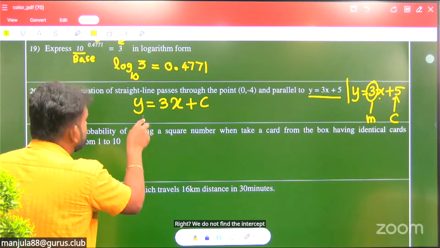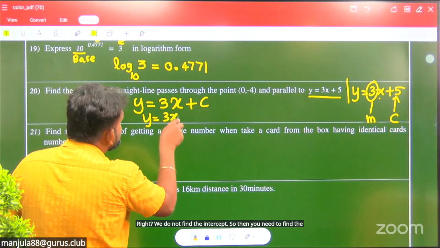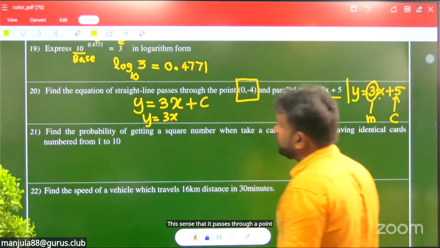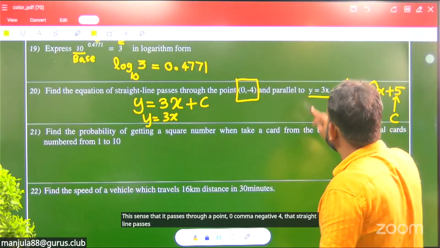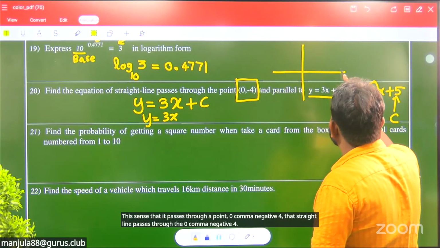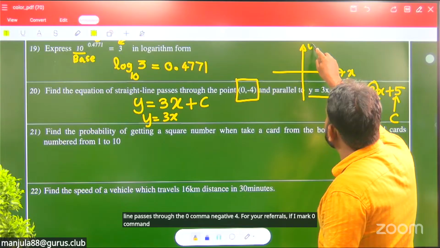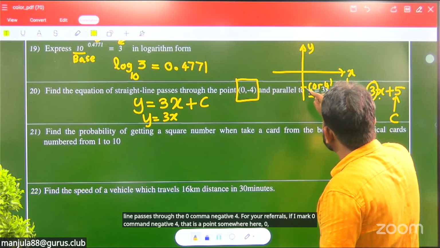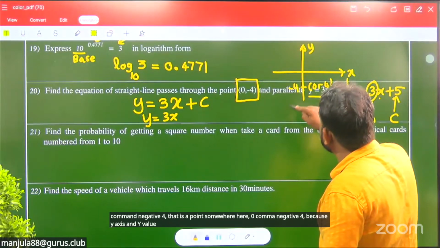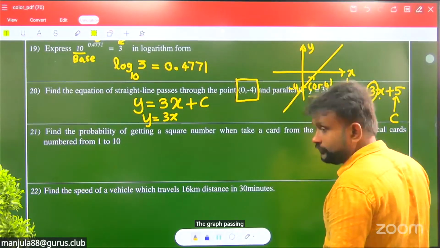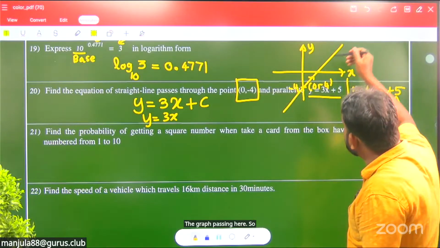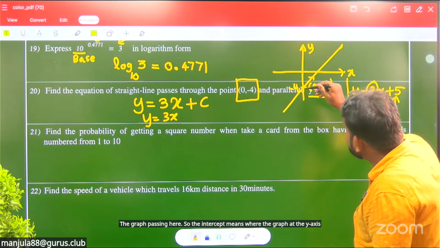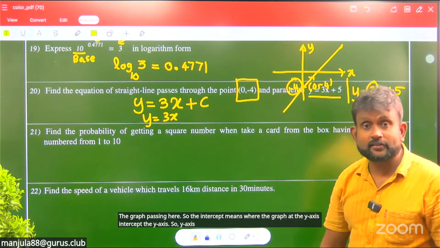So then you need to find the intercept. How? They say it passes through the point 0 comma negative 4. For your reference, if I mark 0 comma negative 4, that is a point somewhere here, on the y-axis with y value negative 4. The graph passes here. The intercept means where the graph cuts the y-axis. So the y-axis intercept is negative 4.